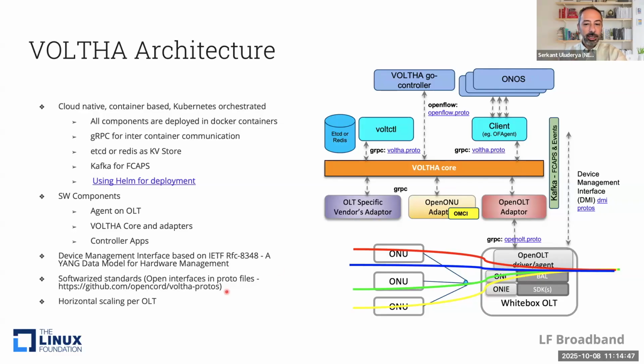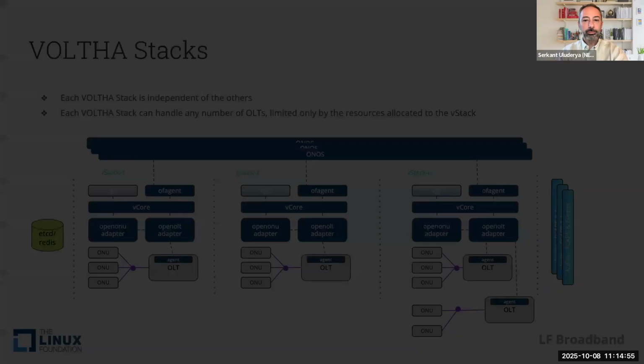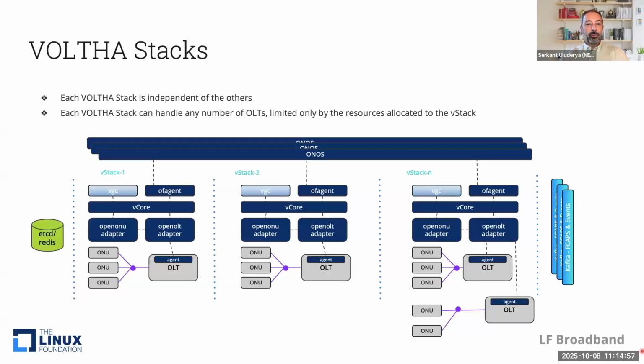The last point I want to talk about is scaling, and I will come to it in the next slide. For scaling, how we achieve it so far is that we brought the concept of the VOLTHA stack. Each VOLTHA stack is composed of at least one instance of VOLTHA core and adapters, and in case of using ONOS, also an instance of an OF agent.